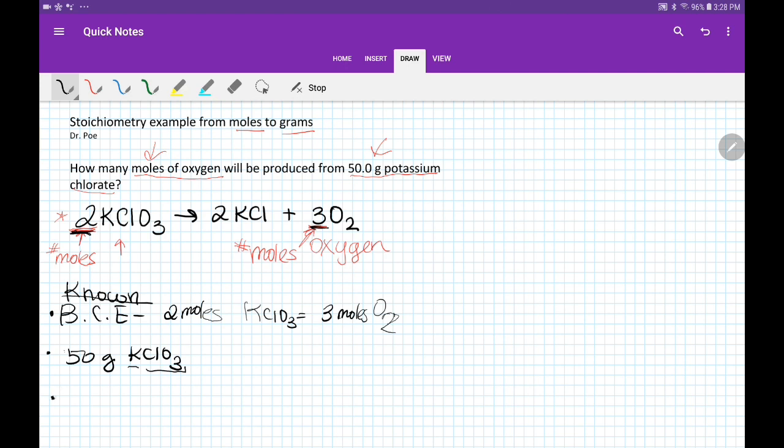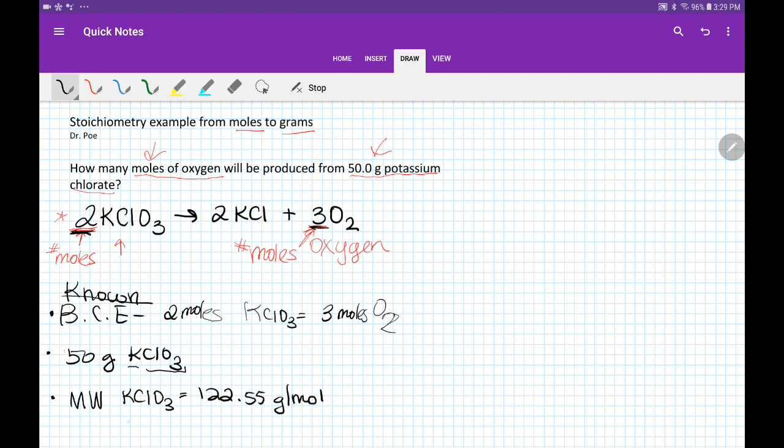From the periodic table, if we add up the atomic masses of 1 K, 1 Cl, and 3 O's, we know that the molecular weight of KClO3 is, look it up here because I did that in advance, 122.55 grams per mole.